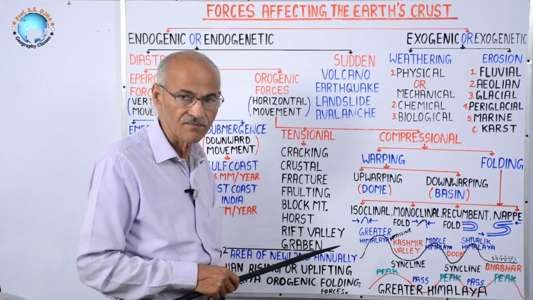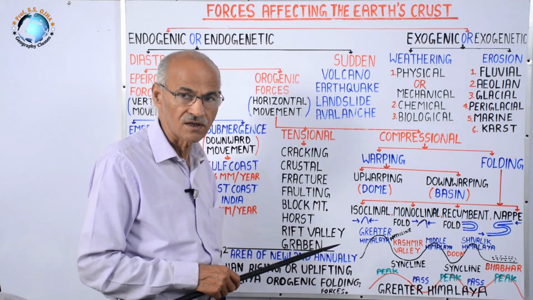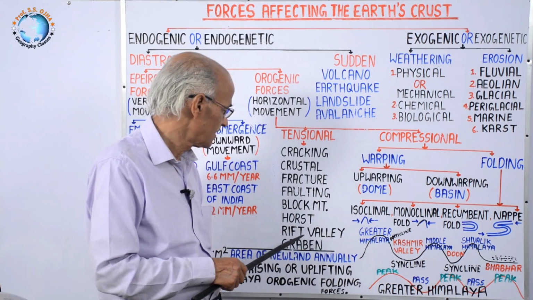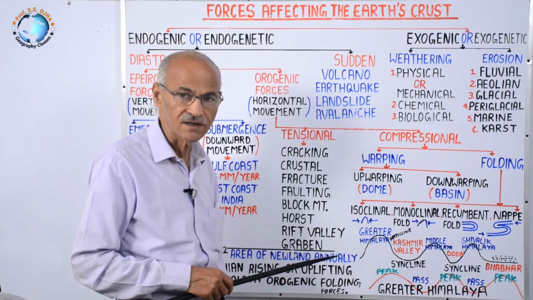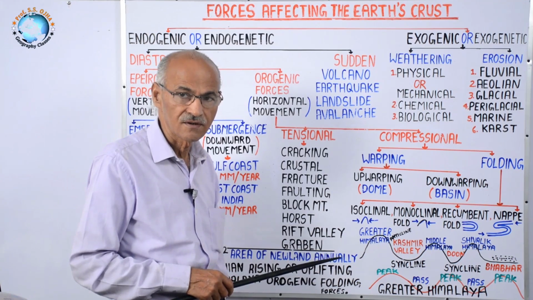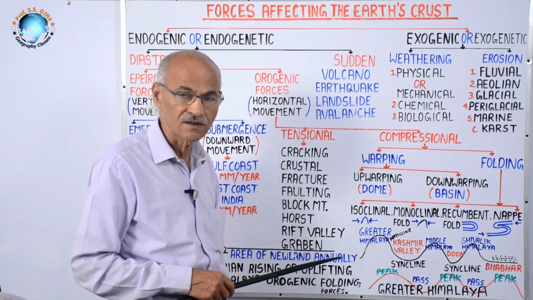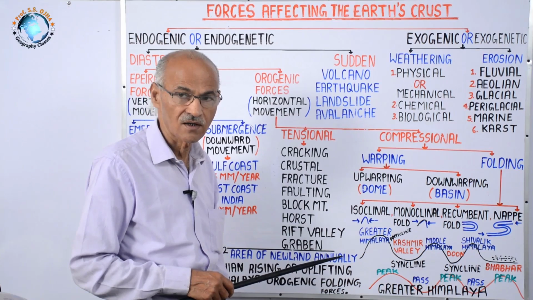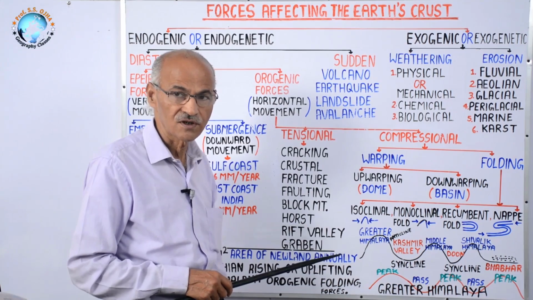The best example of the longest rift valley in the world is in Africa, and the best example of graben is in India. If you see the Vindhyan mountain, that is a folded mountain, and its southern scarp is a block because to its south the Narmada flows in a rift.